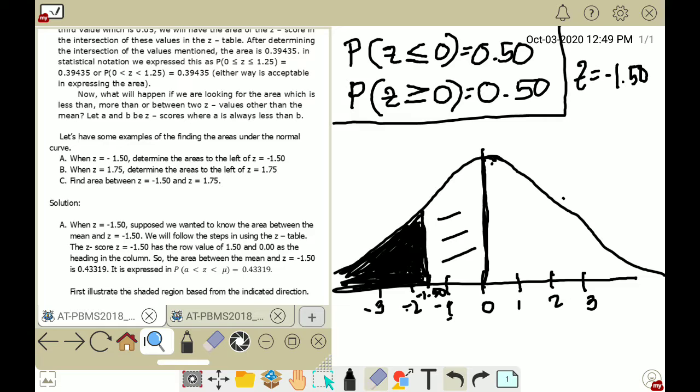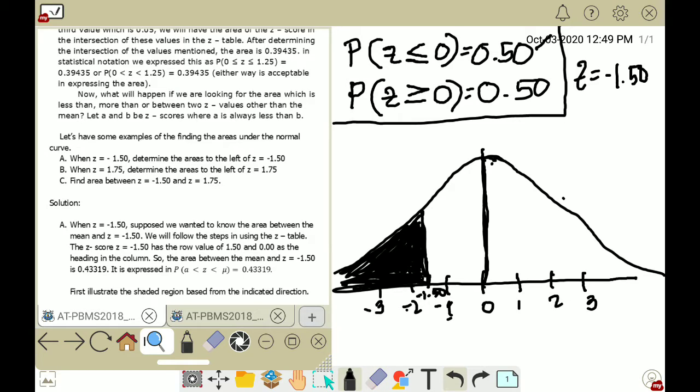In this case, what we are going to do is simply minus. What do you mean by that? Utilize the whole area to the left. We know already that the whole area to the left is 0.5.